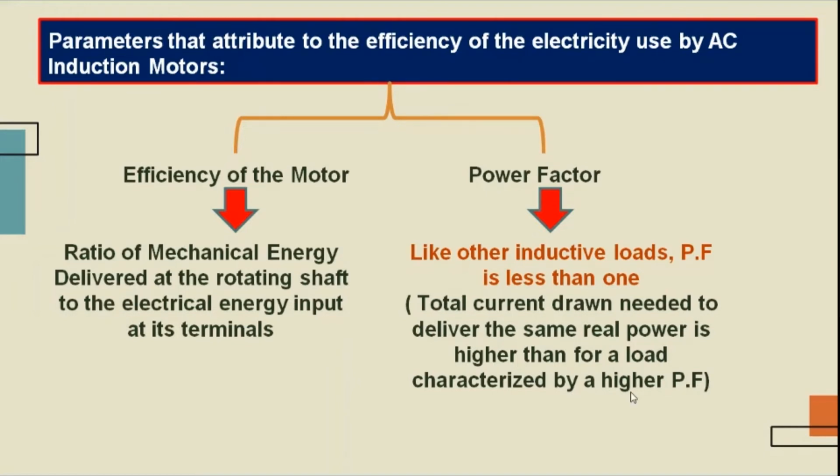We all know that a motor is an inductive load, so with the property of inductance, the power factor will always be at a lower end. To do the same amount of work, the total real power, or active power, required will be higher if the power factor deteriorates.